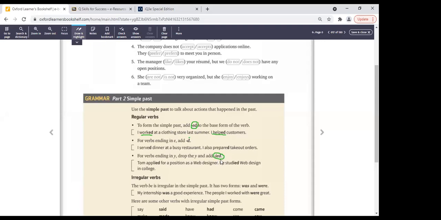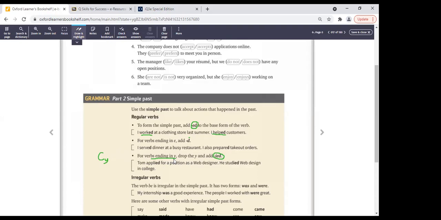When do you use ied? For verbs ending in y. Okay, a verb that ends with a y. Yeah, we said it ends with a consonant and then a y. A regular verb.